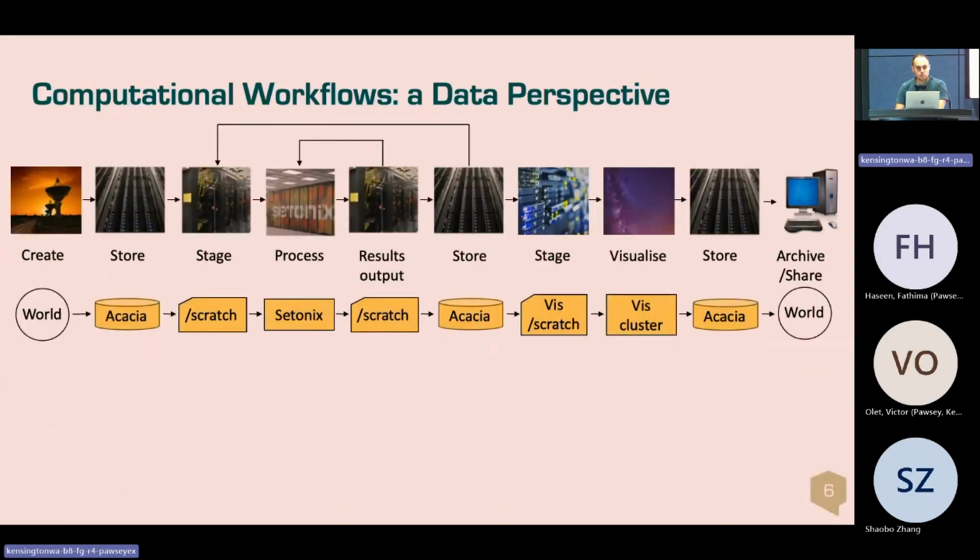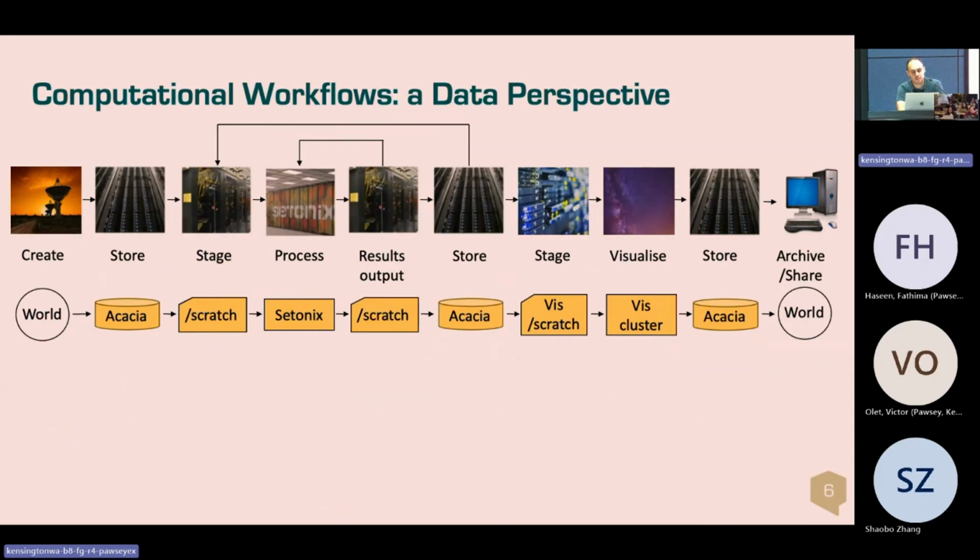Okay. So usually in our workflow involving a supercomputing facility, and especially Pawsey, we start with data. Well, not all workflows, but a typical workflow, an example here is the one from radio astronomy, is that a large amount of data to be analyzed is ingested in the Acacia object store.